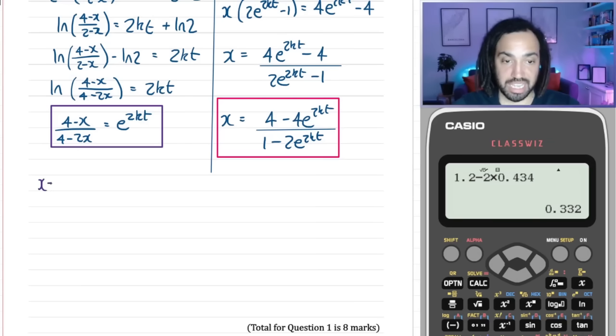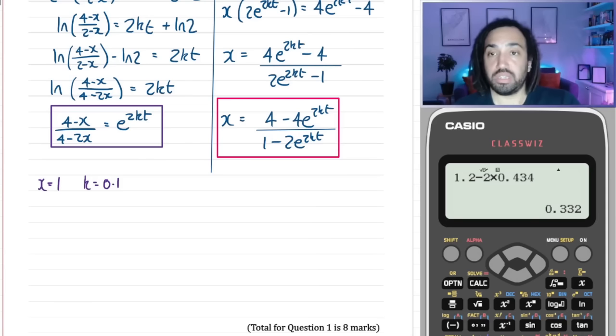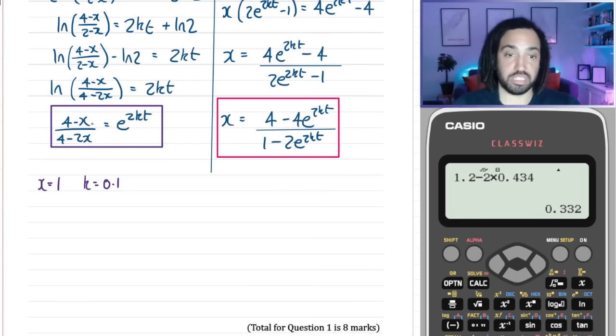And we're going to say that x is equal to 1, and k was equal to 0.1. So let's just sub in to this purple equation here.